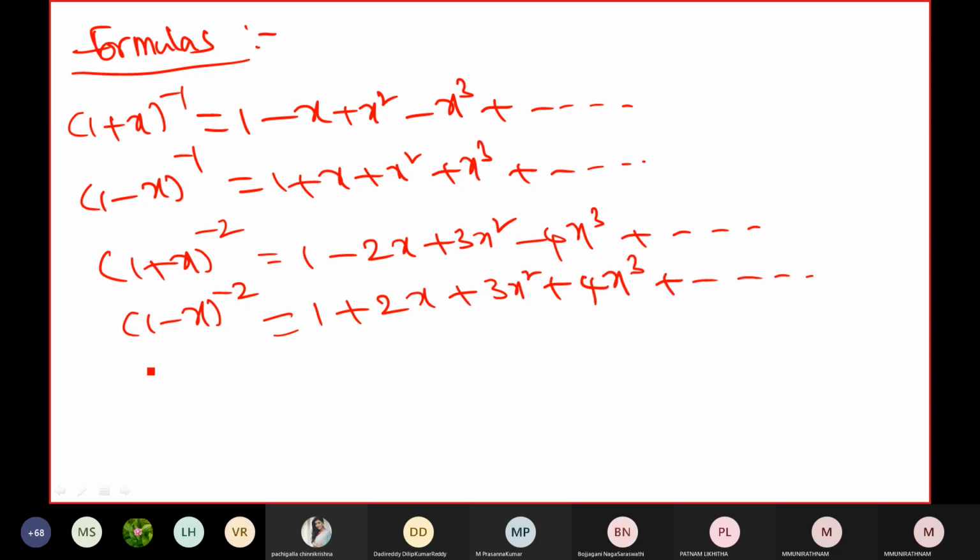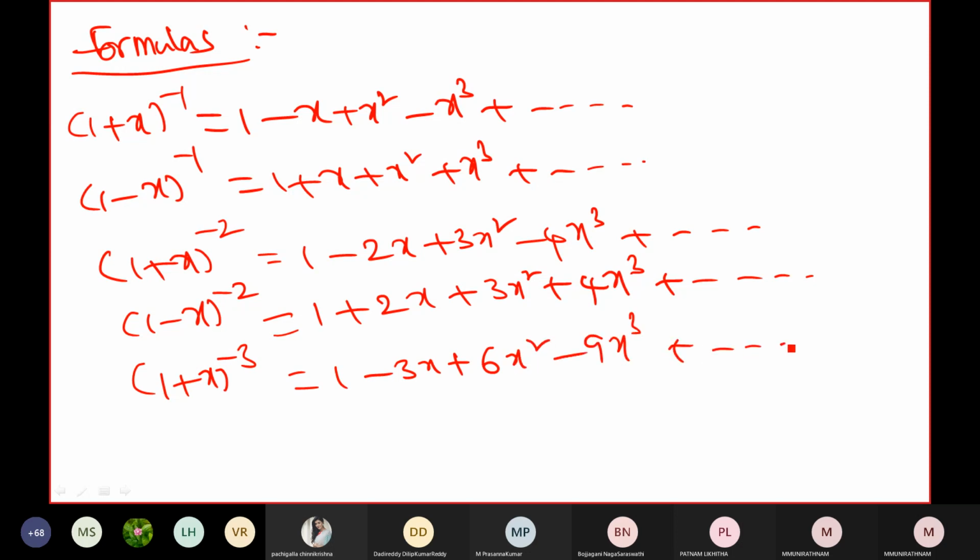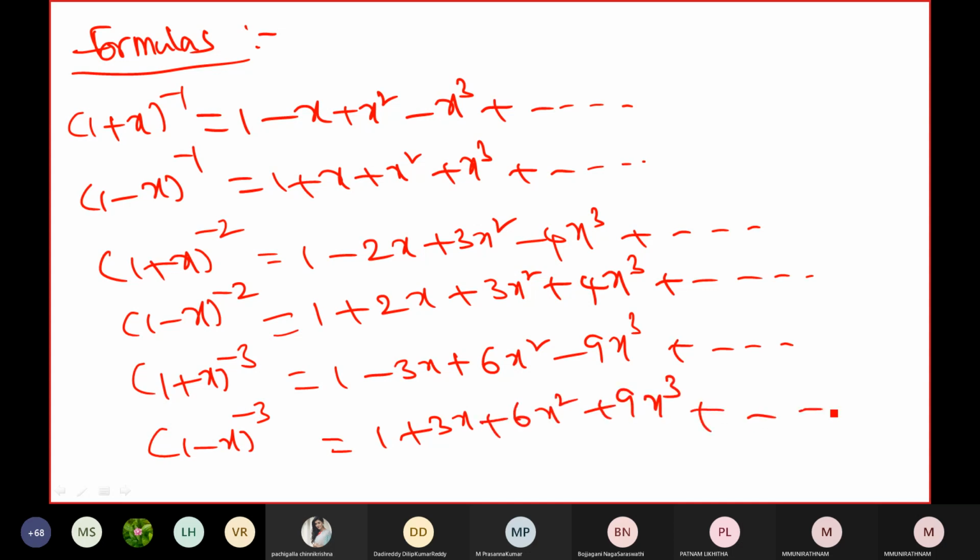Similarly, 1 plus x whole power minus 3 is 1 minus 3x plus 6x square minus 9x cube, and so on. And 1 minus x whole power minus 3 is 1 plus 3x plus 6x square plus 9x cube, and so on.